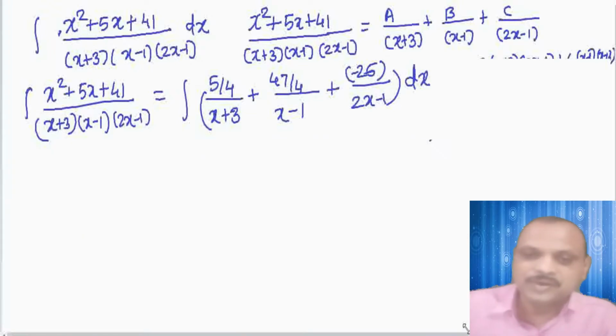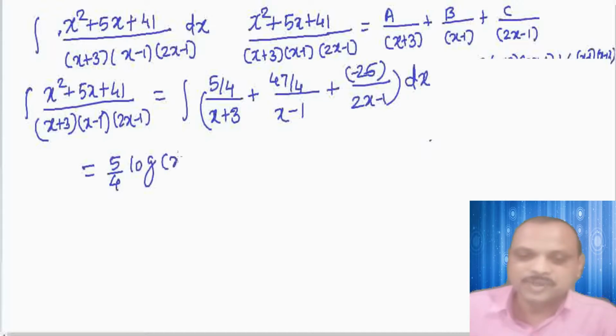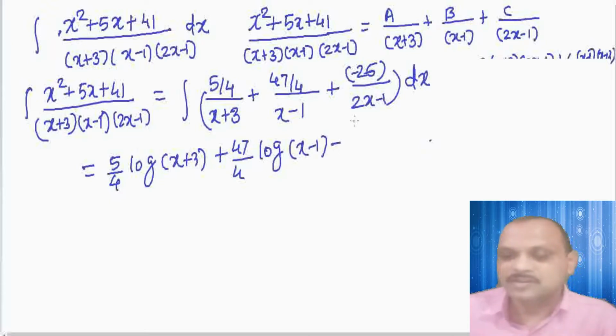You can see how to integrate this. What is the integration of this? It will be equal to 5 divided by 4 into log of x plus 3, plus 47 divided by 4 into log of x minus 1, and minus, we need here 2, since the derivative of 2x minus 1 is 2.